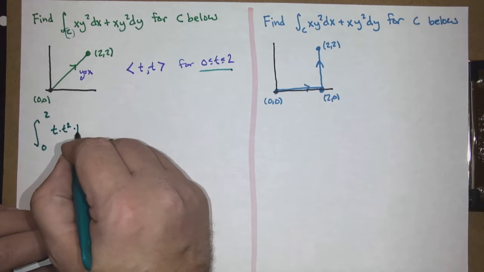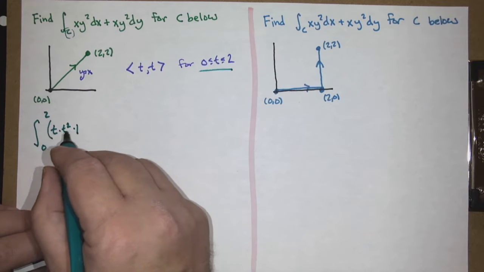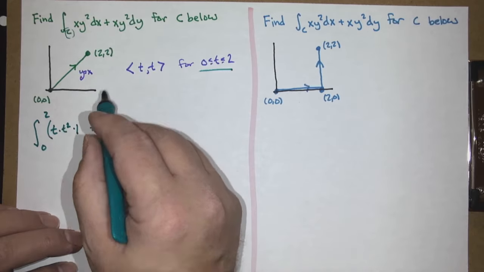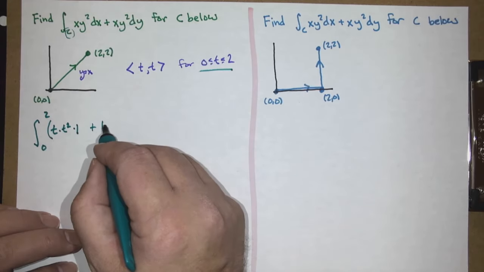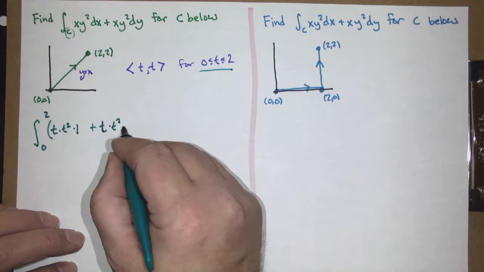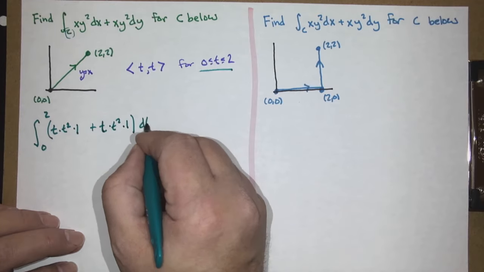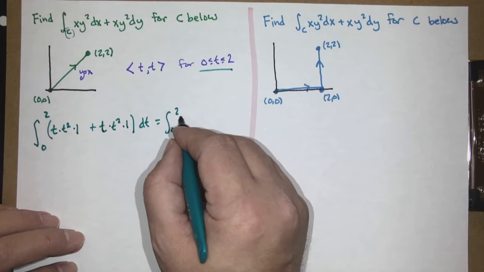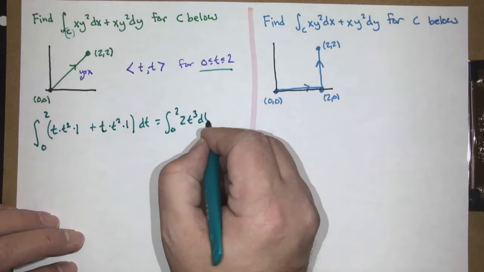For right now, we'll just put a 1, we'll put a dt on the end. So it's t times t squared plus x, 1, y squared, x is t, y squared t squared, dy, 1. So this becomes the integral 0 to 2 of 2t cubed.